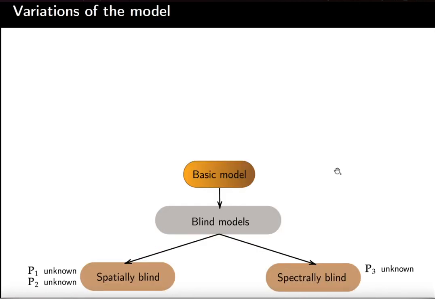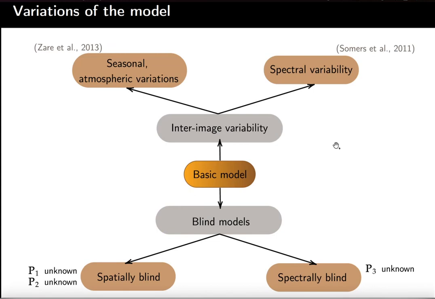So there are actually some variations to the tensor model that I introduced. On the one hand, we can consider blind models, which assume that some degradation operators are unknown. But the variation that I'm interested in today is called inter-image variability, and it regroups some variations in the acquisition conditions of the observations.